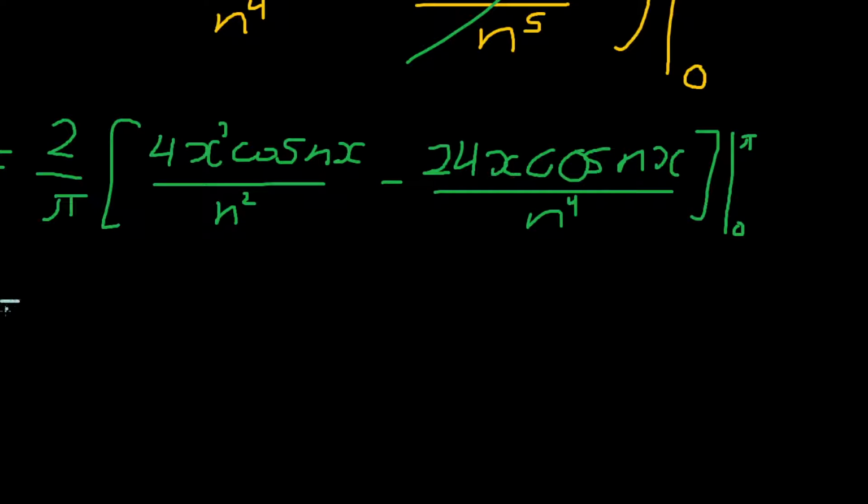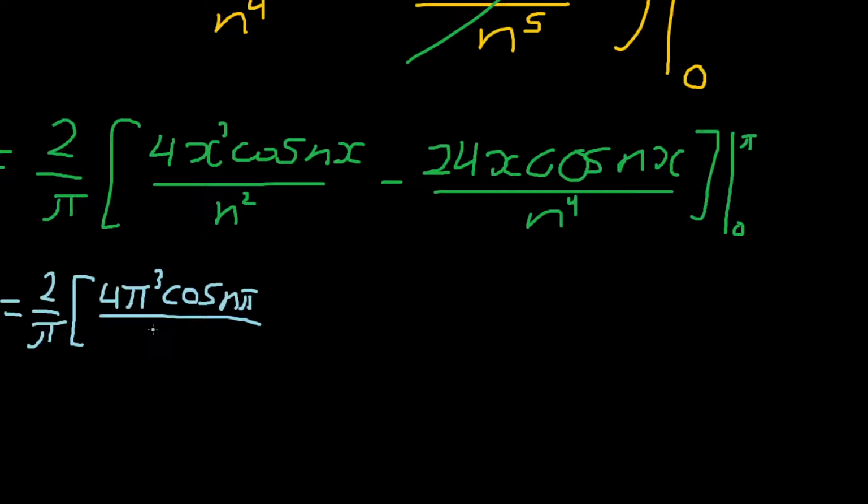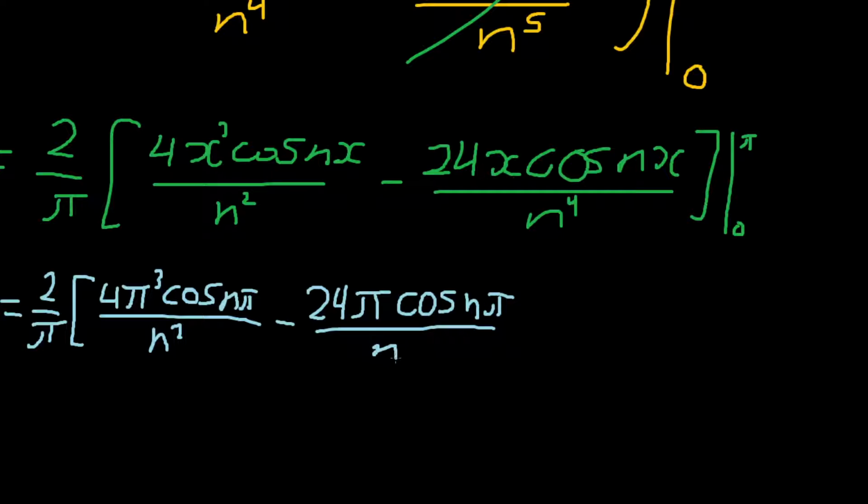Now if we plug in pi, we just get 2 over pi times 4 pi cubed cosine of n times pi over n squared minus 24 pi cosine of n pi over n to the fourth.